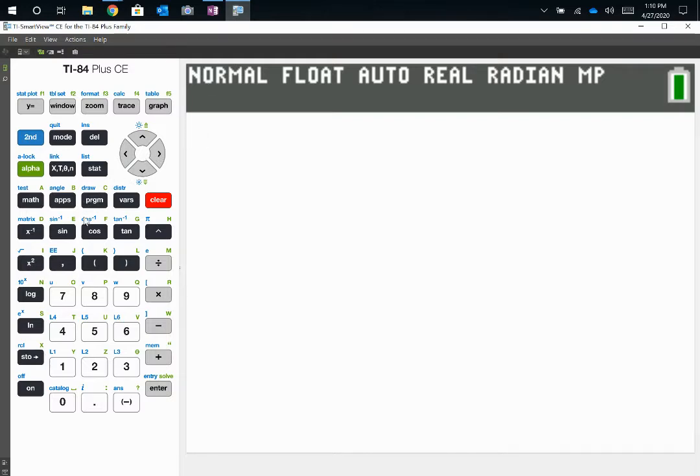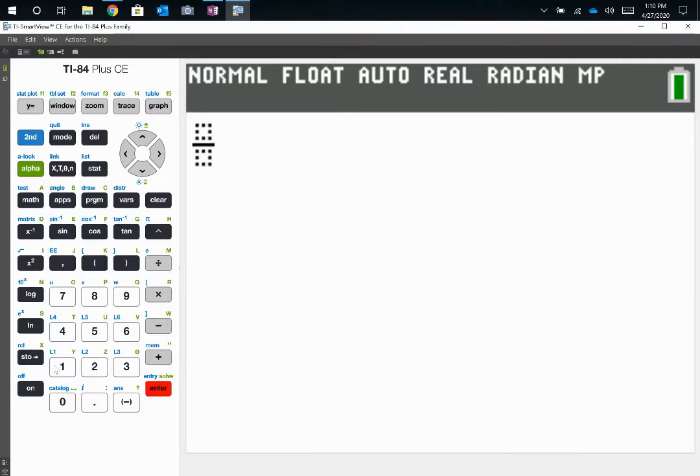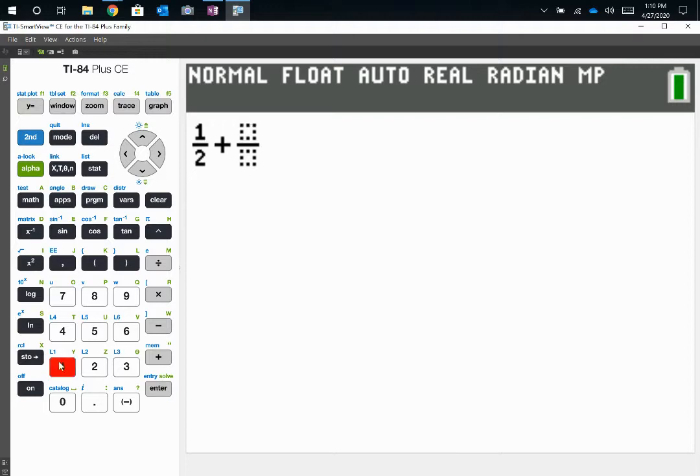For example, if I wanted to add 1/4 and 1/2, I would press alpha, y equals, and enter the fraction 1/2, plus alpha, y equals, 1/4, and that would give me my answer.